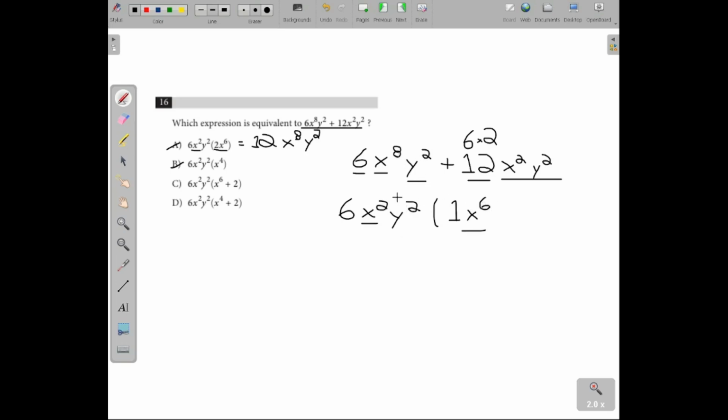And y squared, we already have it, so we didn't copy anything. Now for the second term, we have a 2. And now we have the same variables here, so we just keep the 2. And that's our answer. 1 times x to the 6th is x to the 6th, so our answer is that, which is equivalent to answer C.